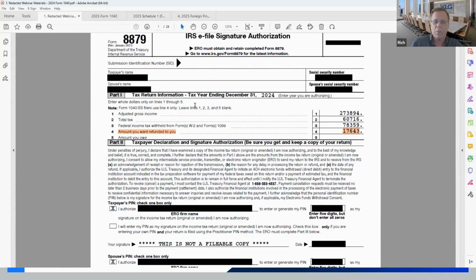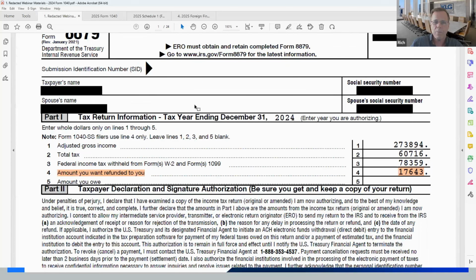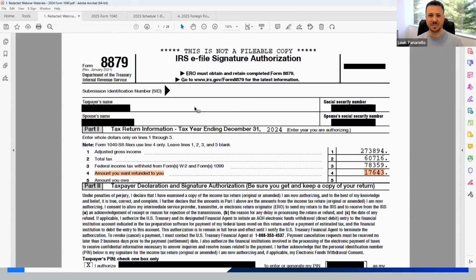Can you make that larger? Absolutely. Perfect. Okay. So this accompanies the tax return that goes to all parties. When you file returns, obviously for the past number of years, they're electronically filed.